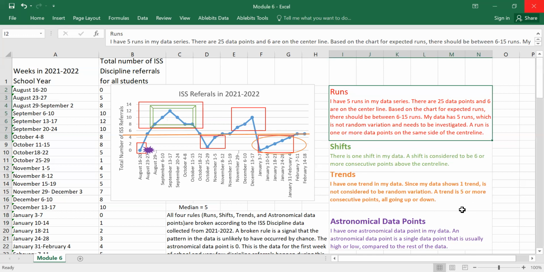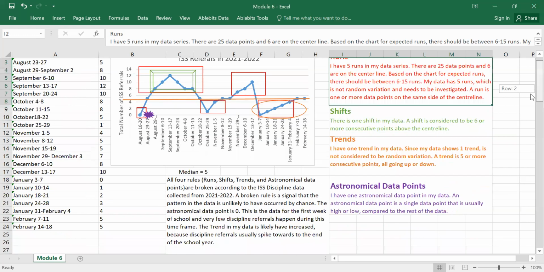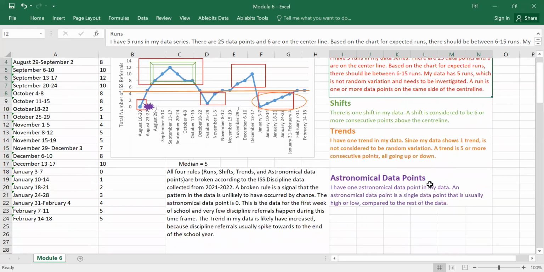So I have 1 trend in my data, and since my data shows 1 trend, it is not considered to be random variation. And a trend is defined as 5 or more consecutive points, all going up or all going down. And as you can see, my consecutive points all go up, 5 or more going up. And then I talked about the 4th rule, which is astronomical data points.